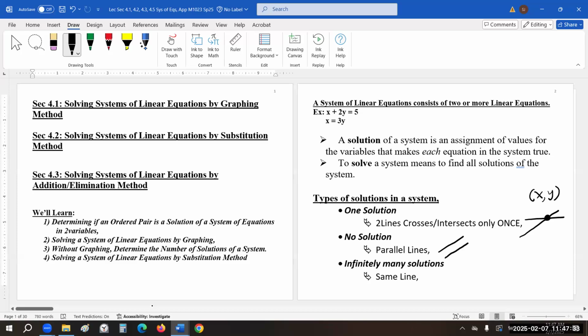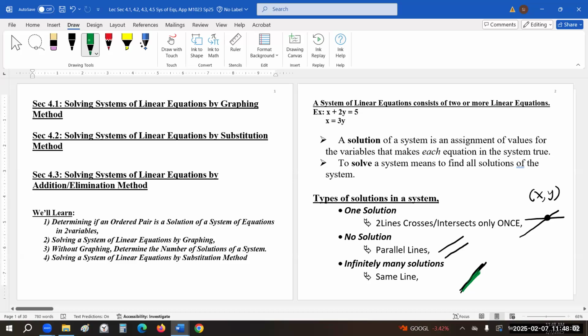And the third scenario: the two lines you're working with can be the same line, they just look different. So one line is the black one, and another line could be the green one. The two lines look different, but when you solve for y, you'll see they're actually the exact same line.